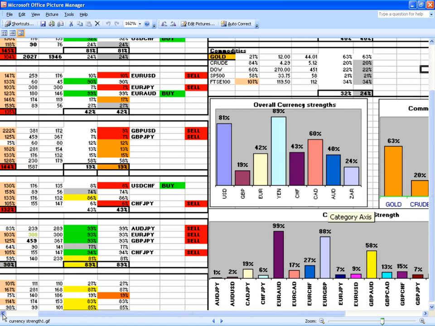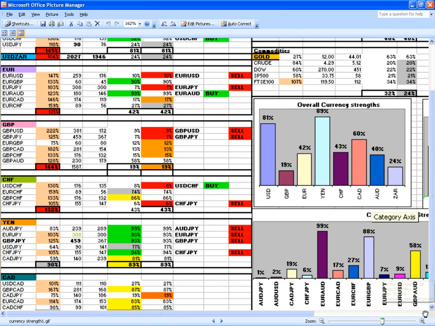Right, now, a possible way of trading it, one of the ways, there's hundreds of ways of trading it, but you would just look at strength and weakness in the various currencies, and anything above, say, 75% would signify that that currency is now relatively strong against the rest of the currencies, and anything below 25% would signify weakness.